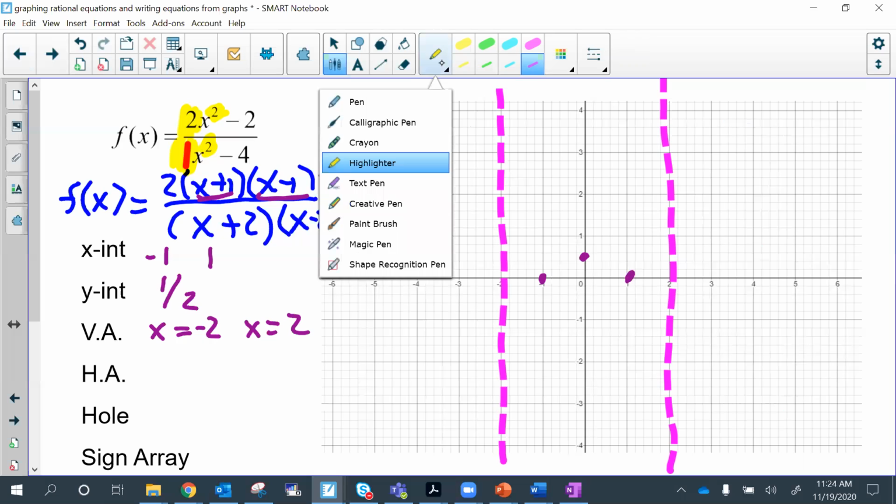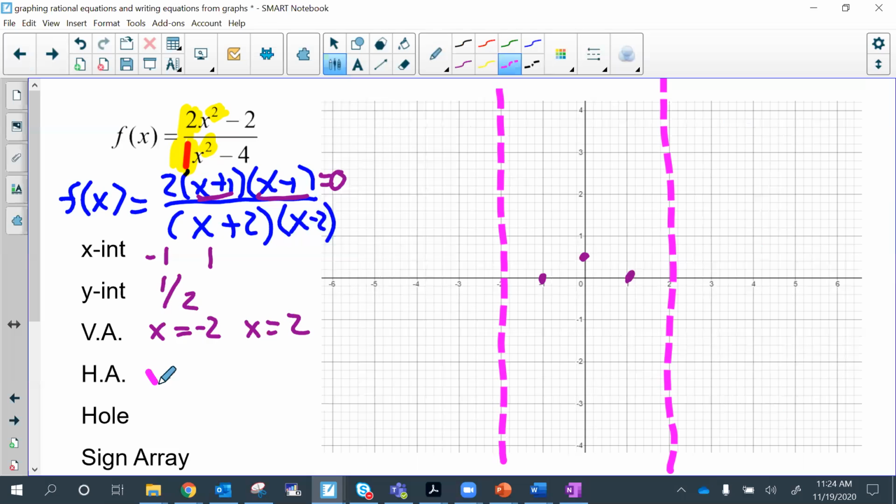So good job, Jade. That's what we get. So here I'm going to put the horizontal asymptote is just y equals 2. Are you guys all following that? For the horizontal asymptote, compare the degrees, since they're the same, look at the leading coefficients. 2 over 1 is 2. So we have a horizontal asymptote at 2.